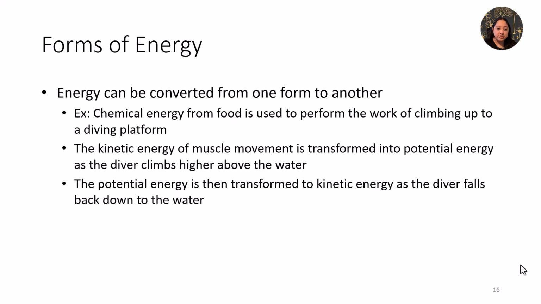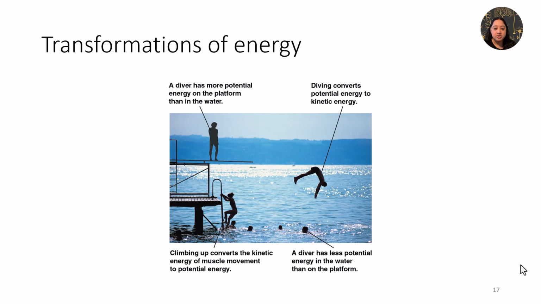The kinetic energy of muscle movement is then transformed into potential energy as the diver climbs higher above the water. And then that potential energy is transformed to kinetic energy as the diver is falling. As they're moving, it's kinetic energy, not just potential energy. So this is an example of those transformations of energy.